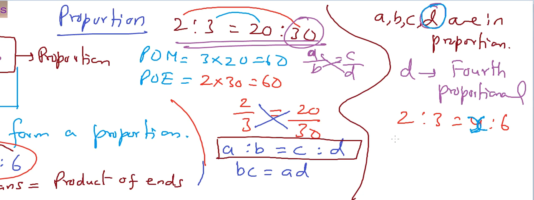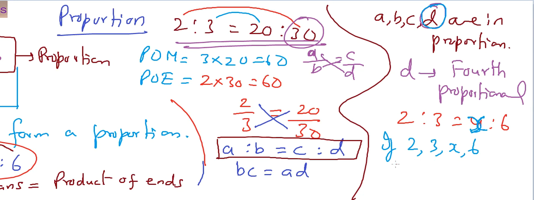Or in other words, if 2, 3, x and 6 form a proportion, find the value of x. We know the property, since they form proportion, product of means equal to product of ends.